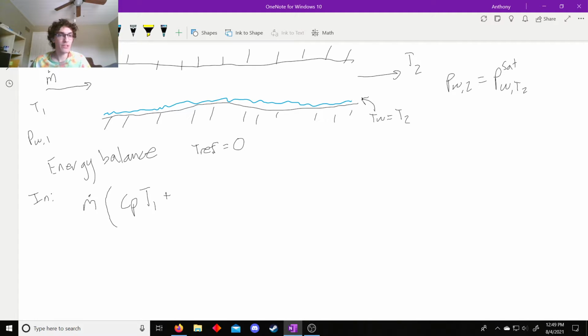The first thing we need to know is what is the partial pressure of water in the air. We need to know what's going in. So this is going to be the partial pressure of water at state 1, or before it goes in.